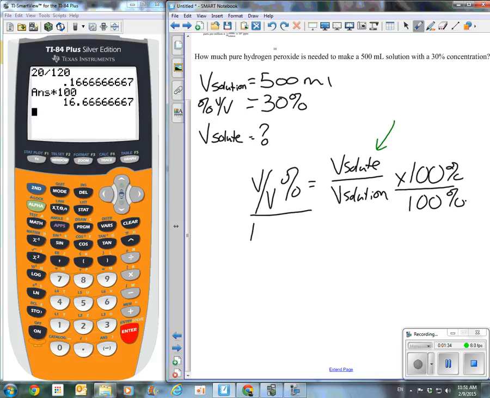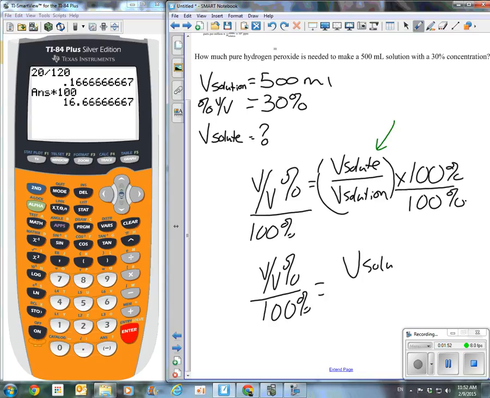The reason I'm dividing by it is because all of this is multiplied by 100. So now I have this beautiful ratio of my percent by volume over 100 is equal to the volume of solute over the volume of solution.